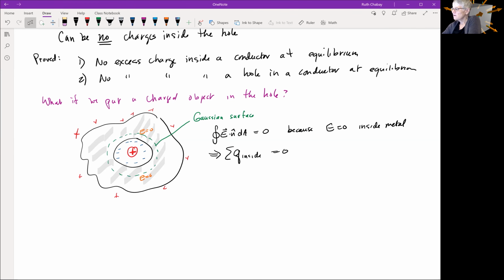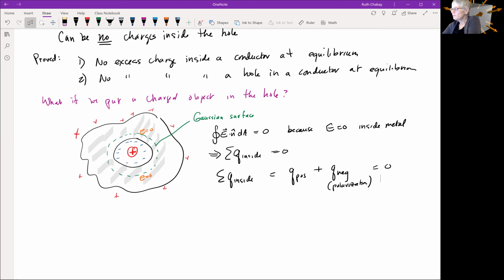And that tells us that Q inside is the Q positive plus the negative charges due to polarization. That has to be zero.